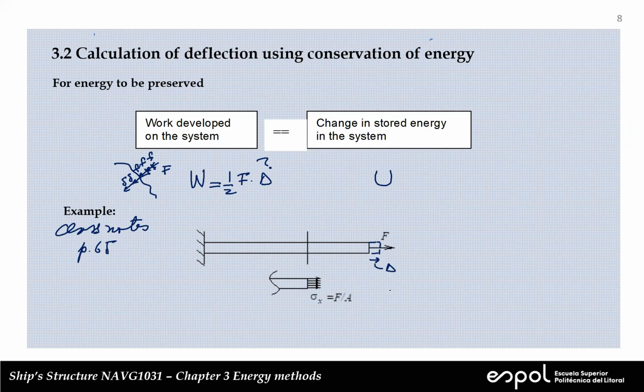So you're going to have U equal to the integral of 1/2 P squared over EA dx. And this is going to be equal to 1/2 the force multiplied by delta. And from this, you will be able to calculate delta. So you have to review that. I'm not going to do it here.